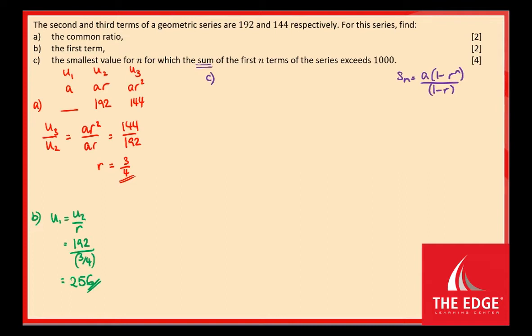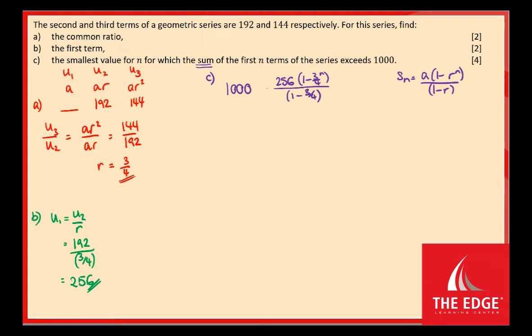So I'm going to substitute in all the information that I have right now. The sum is 1000. The first term is 256. My ratio is 3/4. I don't have n yet, so I'm going to leave it as it is. And substituting in the rest of this.